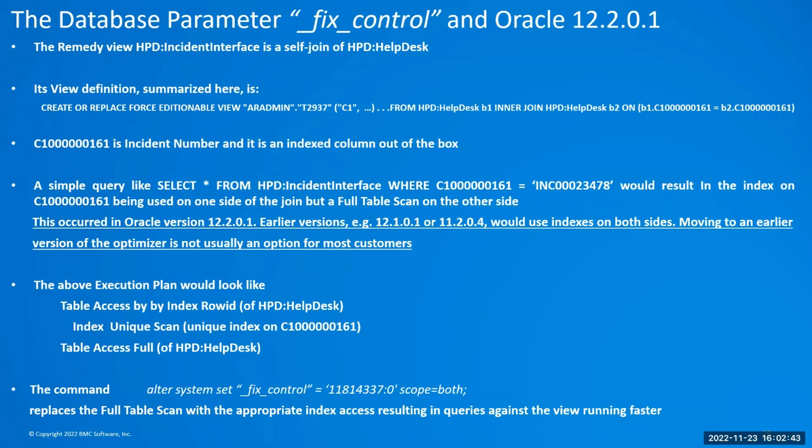So in this case, in 12.2.0.1, the fix for that bug 118.14337 was causing a full table scan on one side. When we turned off that fix, it worked beautifully. Oracle had a couple of ways to make it use indexes on both sides, and this is one of them. So if you encounter this, especially with the HPD incident interface, you might want to set this at the database level, and it'll be fine.